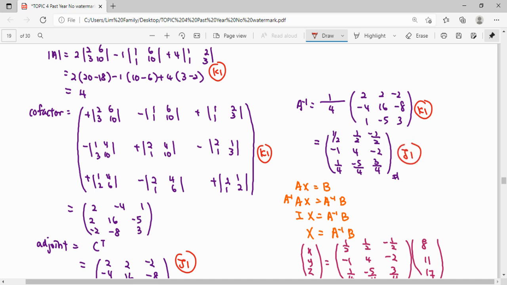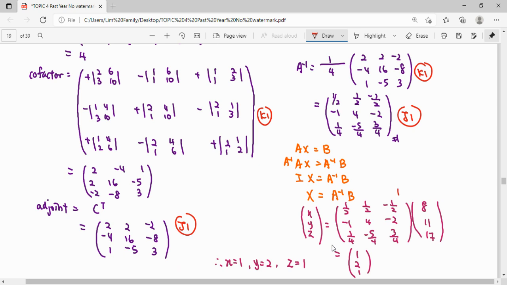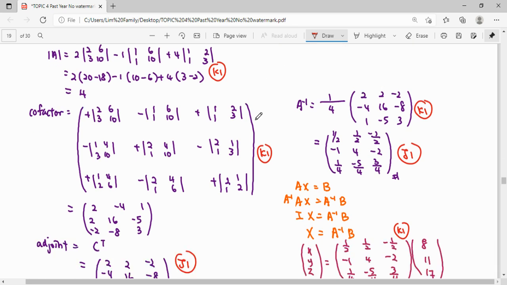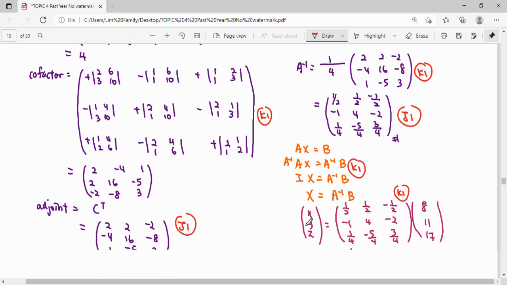Finally, apply our A inverse here to get our answer, which is x, y, z. What's the value here? So 1, 2, 3, 4, 5, 6, 7. So 8 marks. Let me see. Oh yes, here we have to clear out how we find the unknown X matrix. Another mark is here. So it will be in total 8 marks.